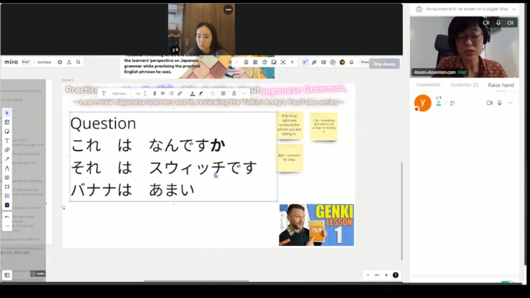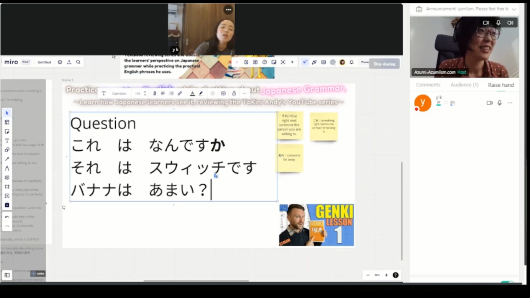Yes, we have to use a question mark in text. So when it comes to text, we use a question mark, because otherwise we cannot make this a question. Verbally, we don't have to, because we use rising intonation. But in the writing world, we need a question mark.